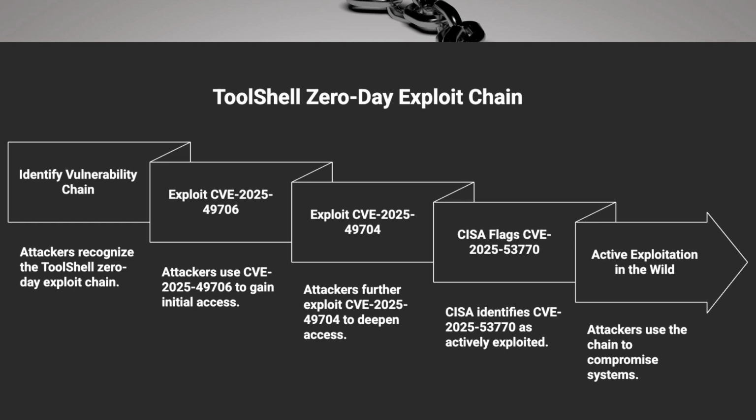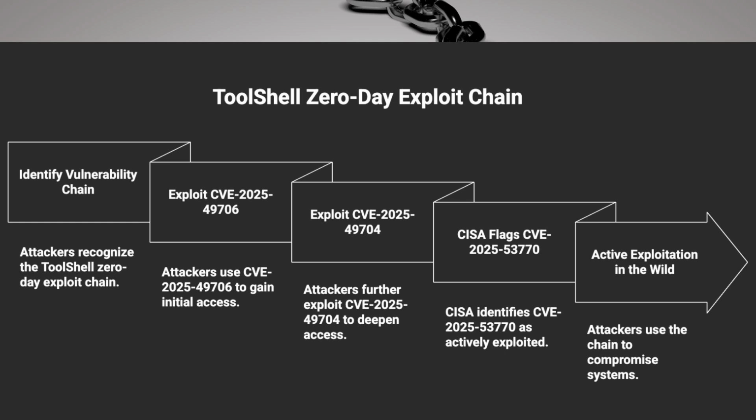Now let's look at the entry point of the critical SharePoint vulnerabilities. So how do they get in actually? The attacker gains their initial access by exploiting a vulnerability chain known as the ToolShell zero-day exploit chain.